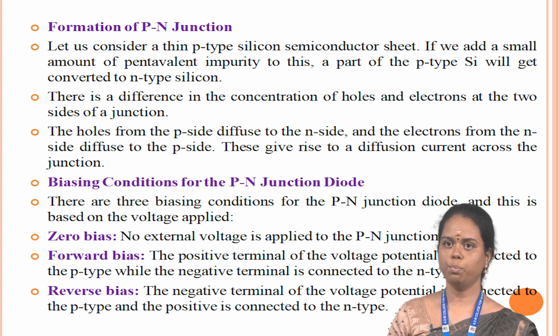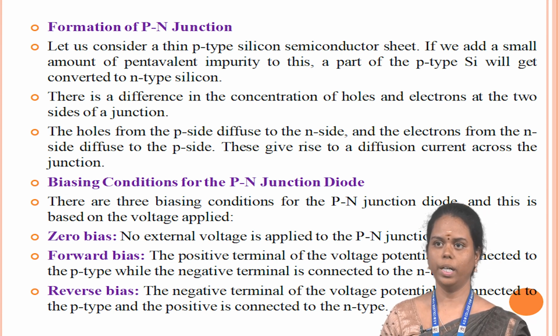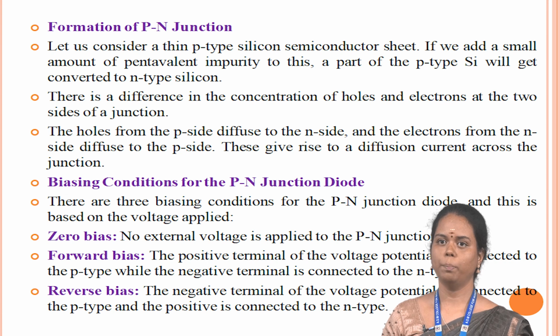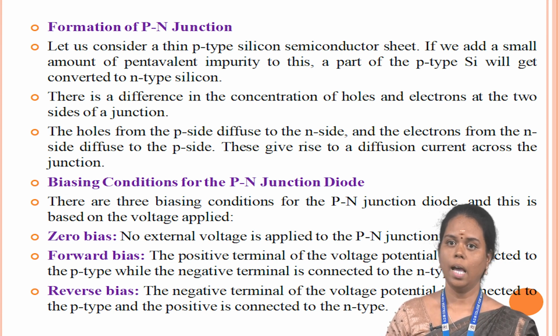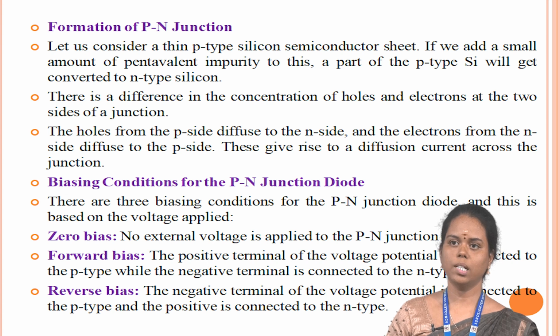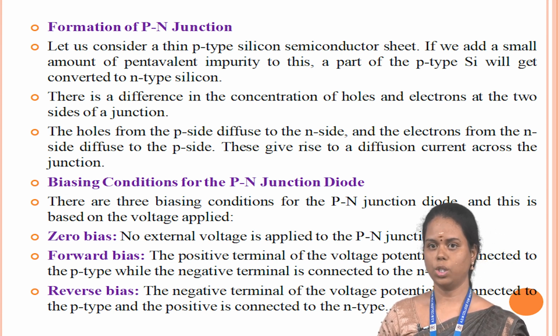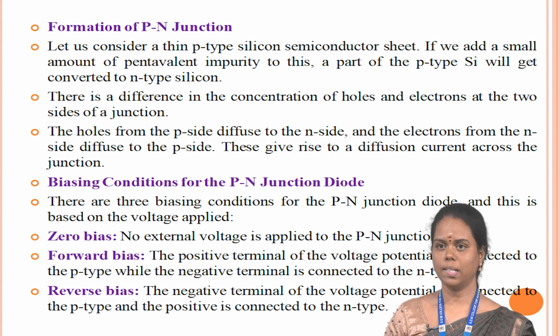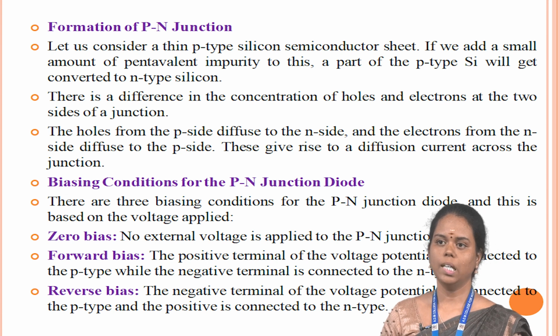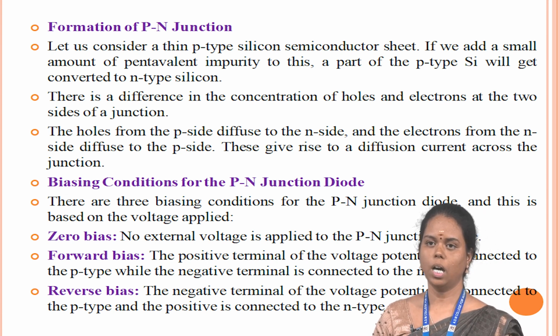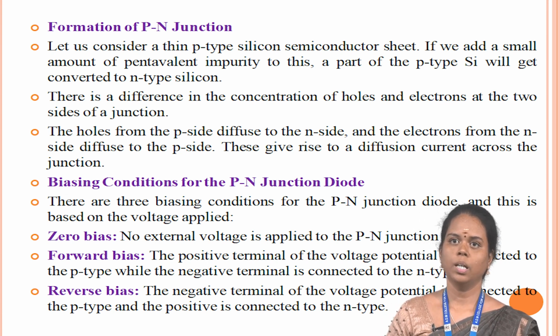If we add a small amount of pentavalent impurity to this, a part of the p-type silicon will get converted to n-type silicon. There is a difference in the concentration of holes and electrons at the two sides of the junction. The holes from the p side and the electrons from the n side diffuse across the junction. These give rise to the diffusion current across the junction.